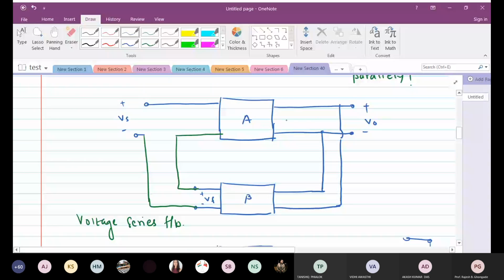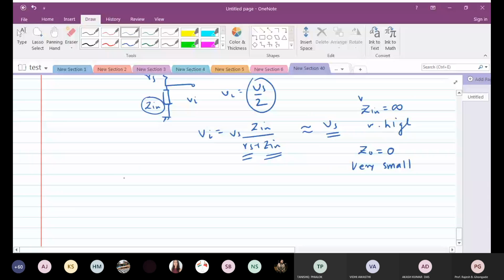This is the input impedance of this guy. Call this R beta, whatever you would like to call it. So the output impedance of this amplifier and the input impedance of the beta network will be in series or parallel? Parallel. They will be in parallel.